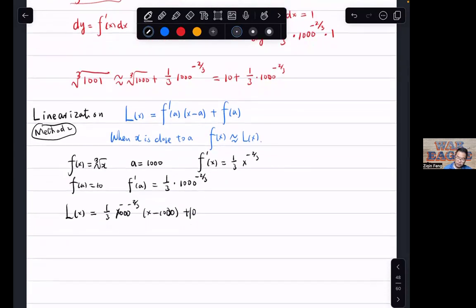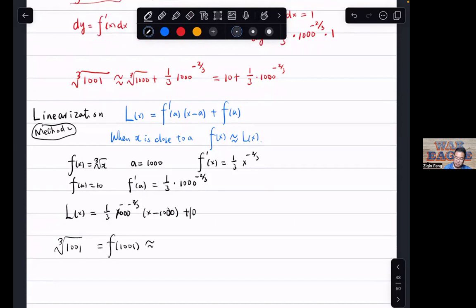So we want to calculate the third root of 1001, which is f of 1001, right?